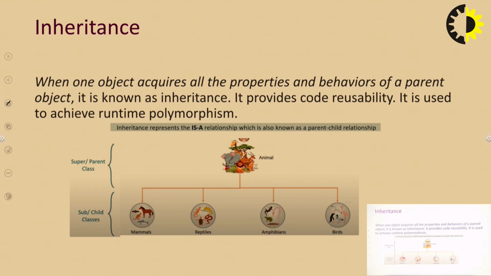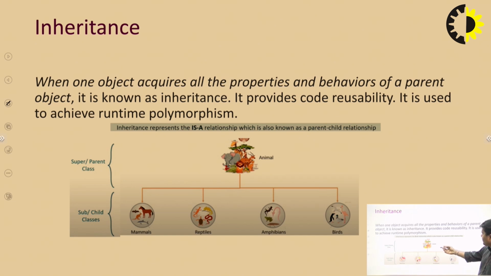When one object acquires all the properties and behaviors of a parent object, it is known as inheritance. It provides code reusability. It is used to achieve runtime polymorphism. Inheritance is a relation also known as a parent-child relationship.